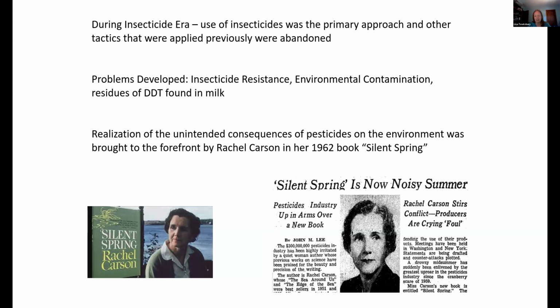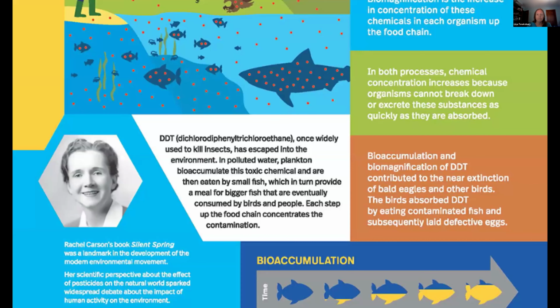And you can see in this little clip from a newspaper article, pesticide industry folks were up in arms about this. But the publication of her book ended up sparking an environmental approach to things. This is a poster that's made about some of Rachel Carson's ideas that were in her book. She discovered that DDT did what is called bioaccumulating in the food chain.